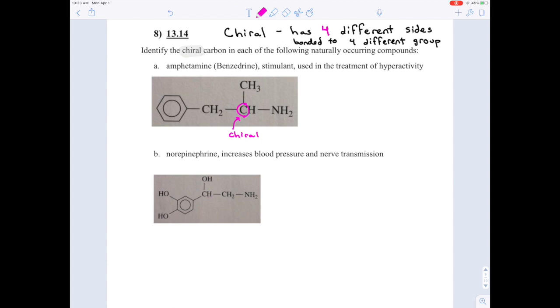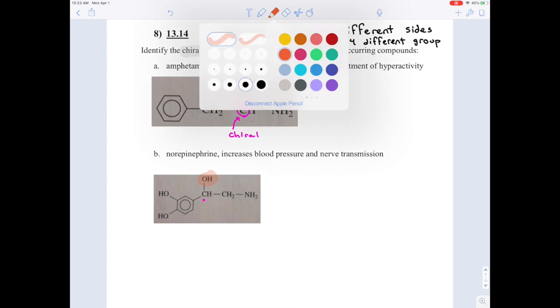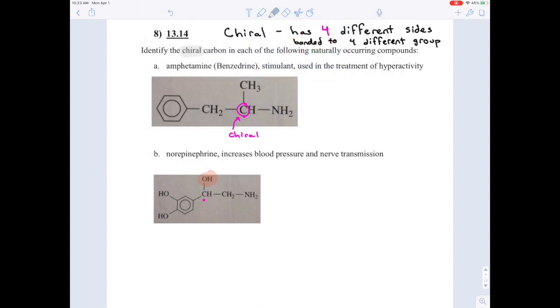Now let's look at norepinephrine, which is a hormone. And don't worry about the ring again. Only look at the carbons that are drawn in. This carbon right here, let's think about that. Well, there's an OH on top, that's one thing. There is this whole group on the left, that's a separate thing.